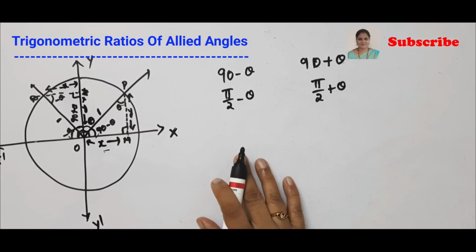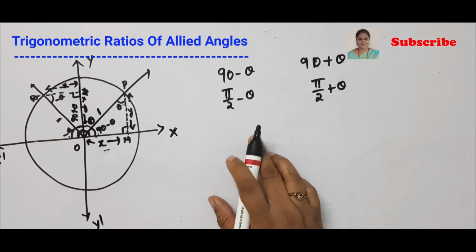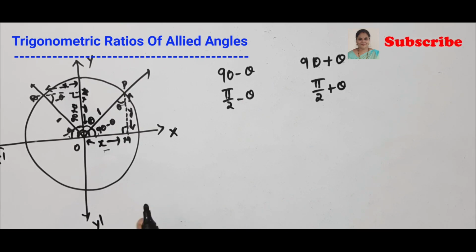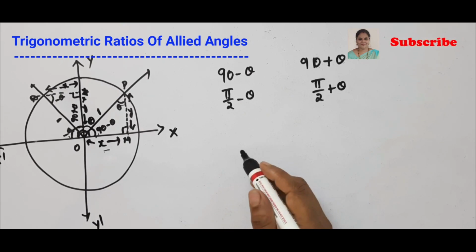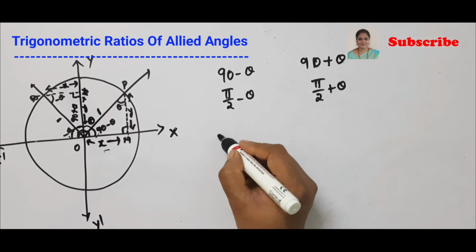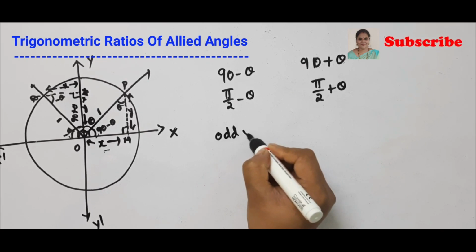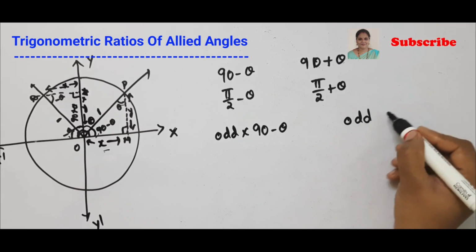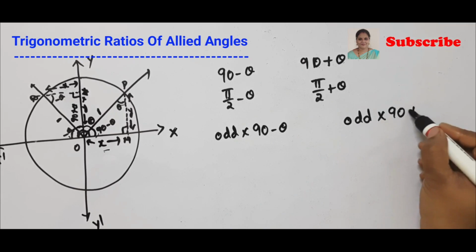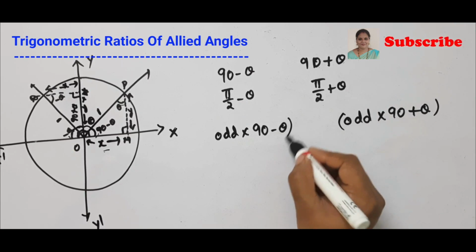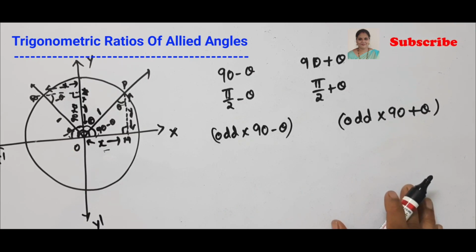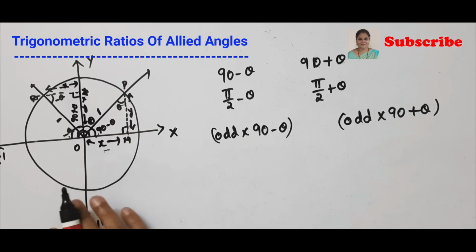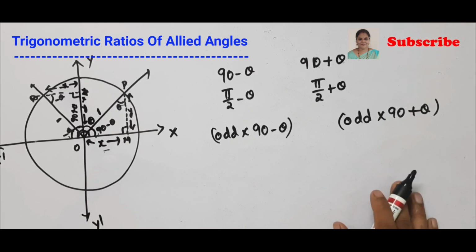Now, as we did for 90 minus theta and 90 plus theta, similarly if you take any angle which is an odd multiple of 90 plus or minus theta, that is, an odd number into 90 minus theta, or an odd number into 90 plus theta, at these angles there will be a change in trigonometric ratios, and depending on which quadrant the angle is in, you will keep a plus or minus sign.